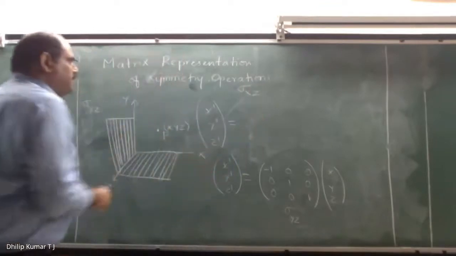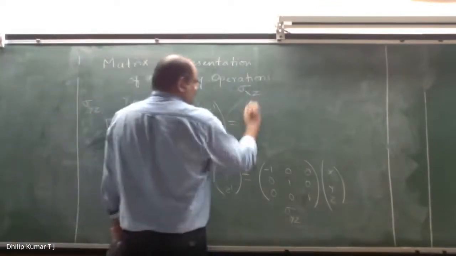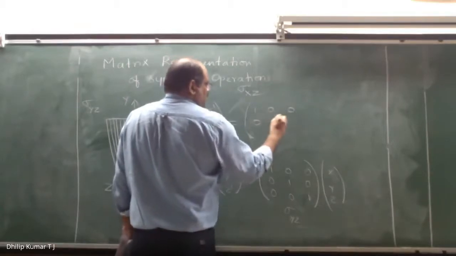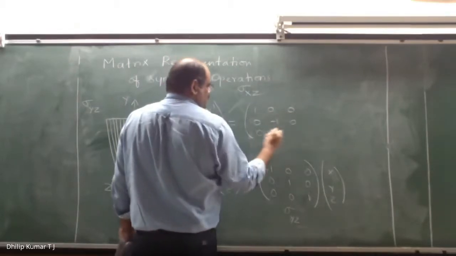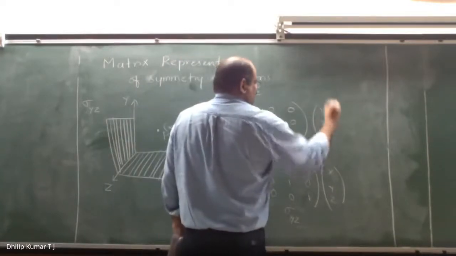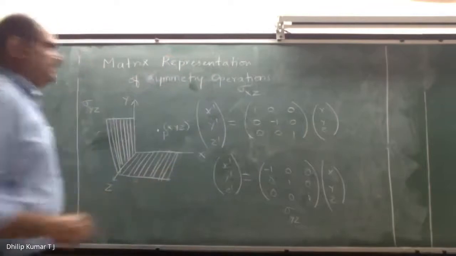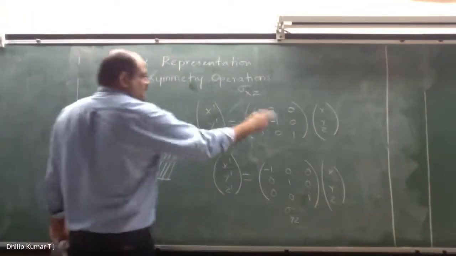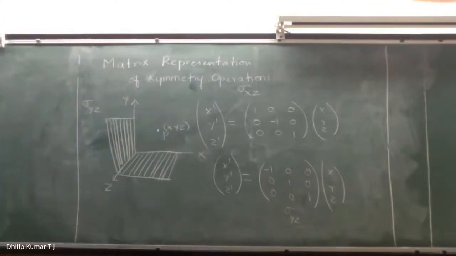If I cut it, then y will change its position, so x will not change. y will become -y, 0, 1. So this is x, y, z. The matrix representation for a plane cutting through the sigma xz plane is this one: 1 0 0, 0 -1 0, 0 0 1.